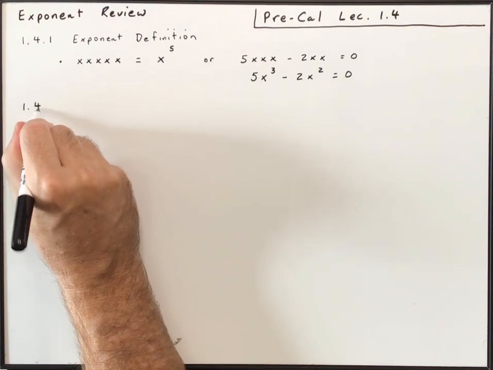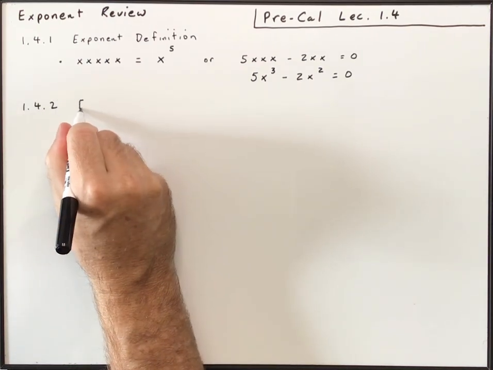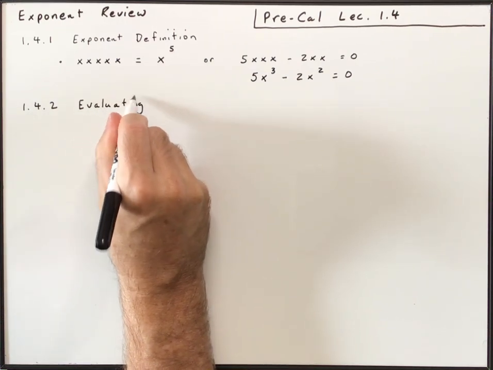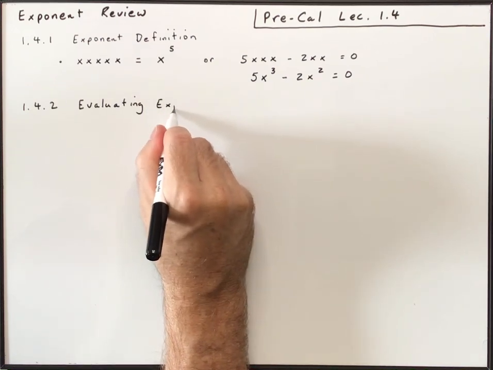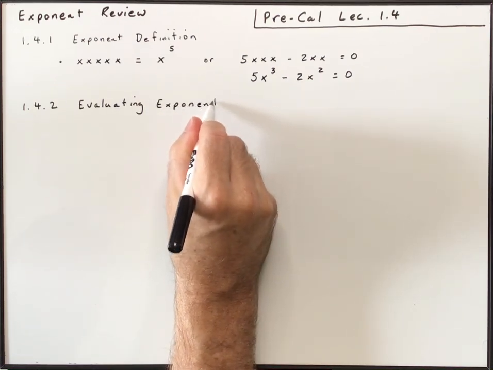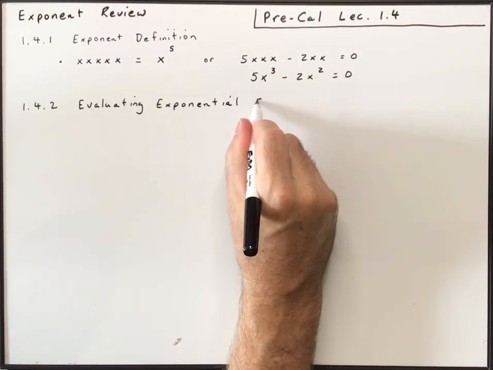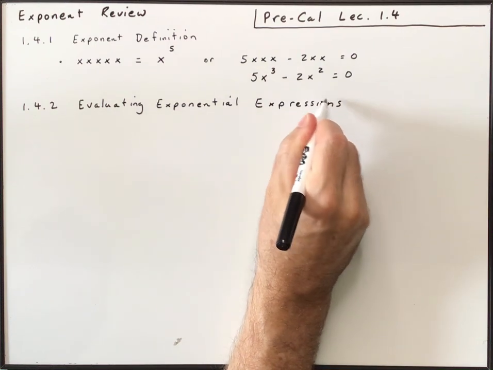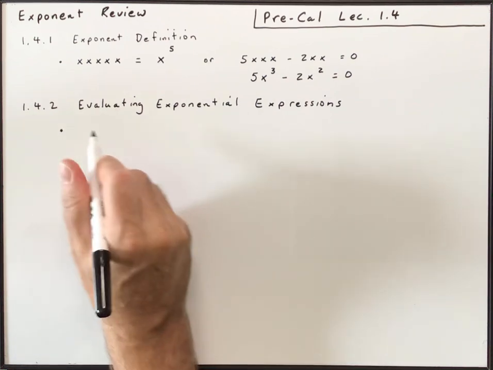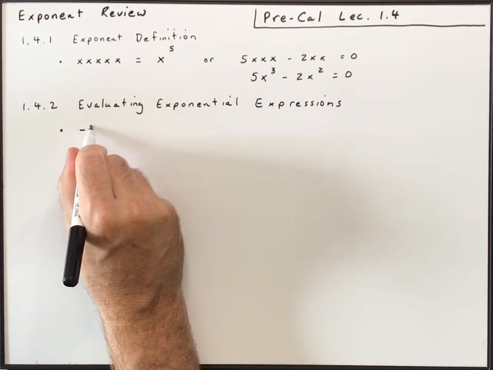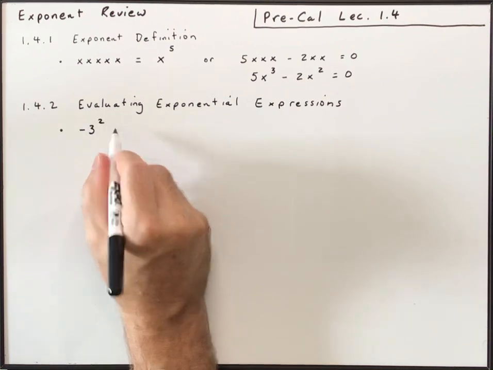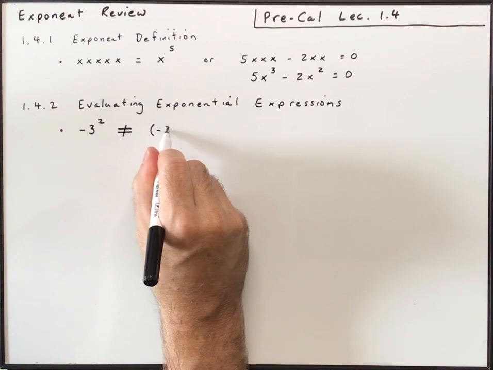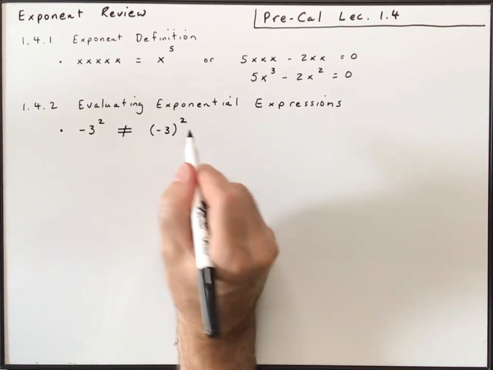So section 1.4.2 we'll call evaluating exponential expressions. So if we have a negative out front, negative 3 squared, that is not equal to negative 3 inside the parentheses squared.